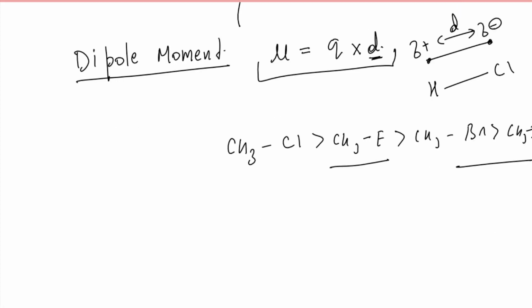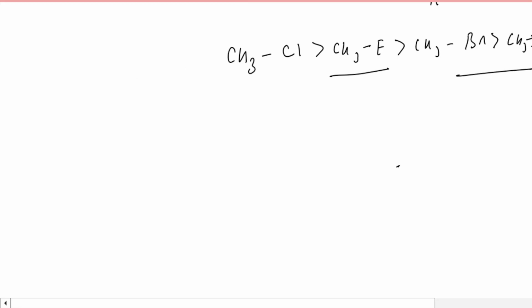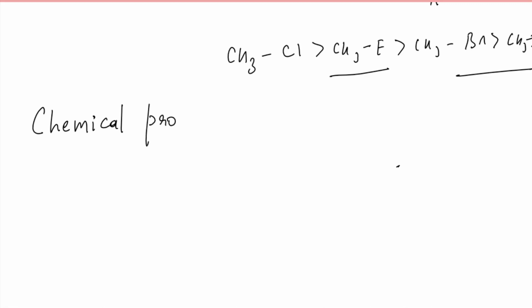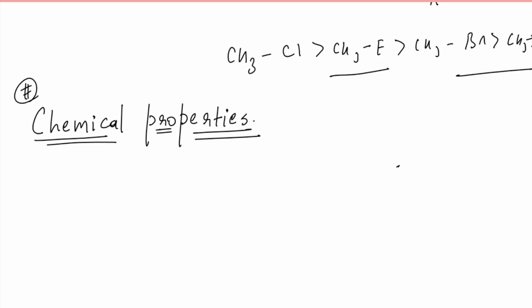Now let us discuss nucleophilic substitution reactions or chemical properties of haloalkanes and haloarenes. Let us come to that part. Chemical properties. See, the nature of the C-X bond is that it is polar in nature.